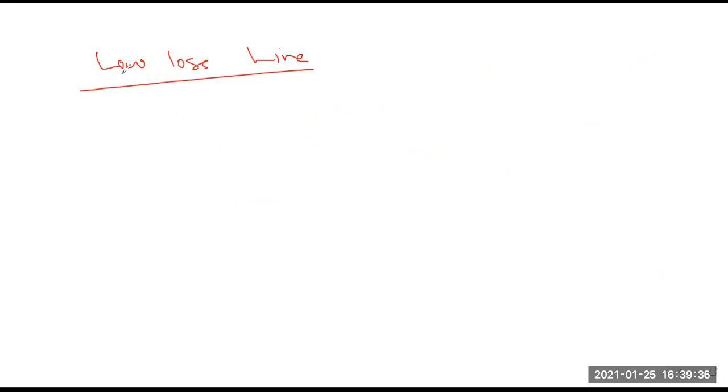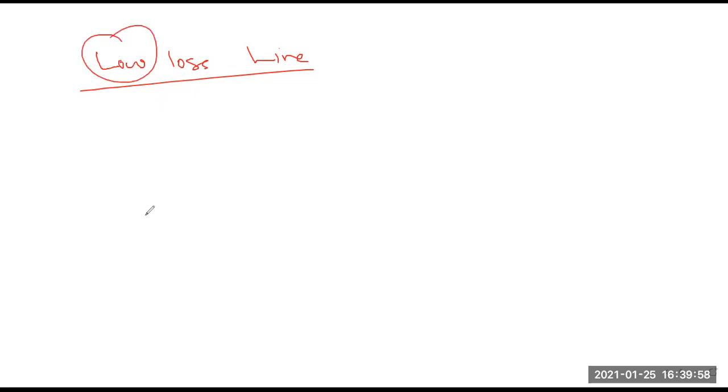So before we derive an expression for the propagation constant of a low loss line, let's quantify. Just by saying low loss, it's not complete information, because what is the benchmark for low?